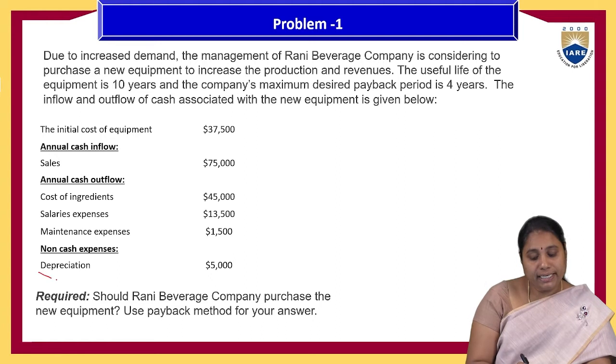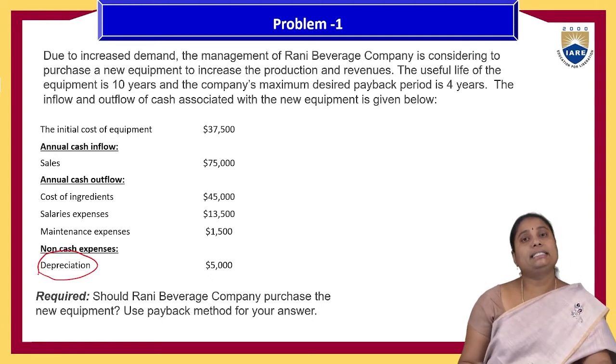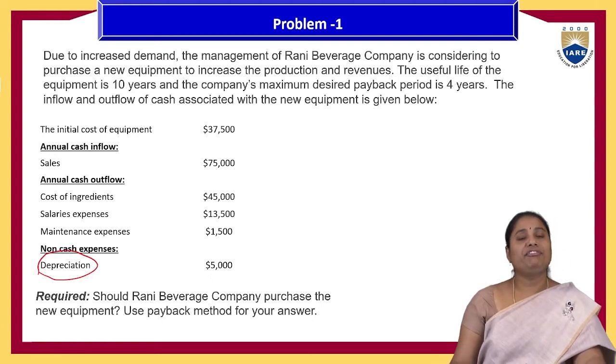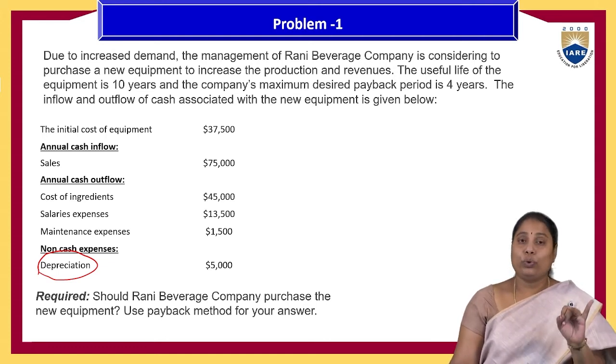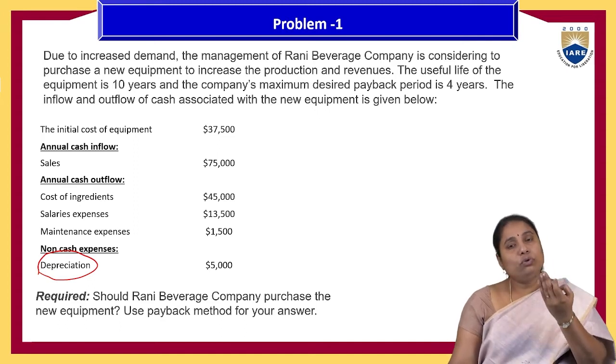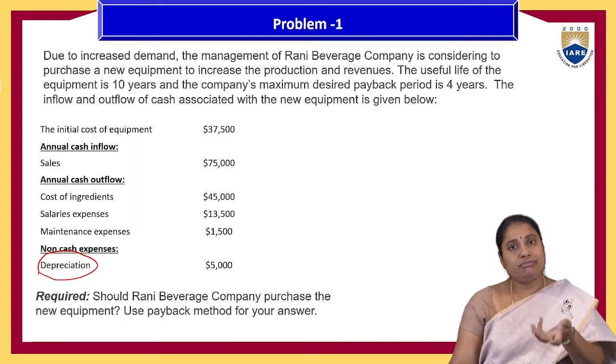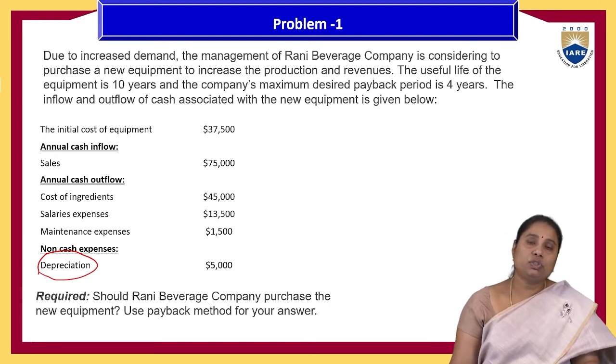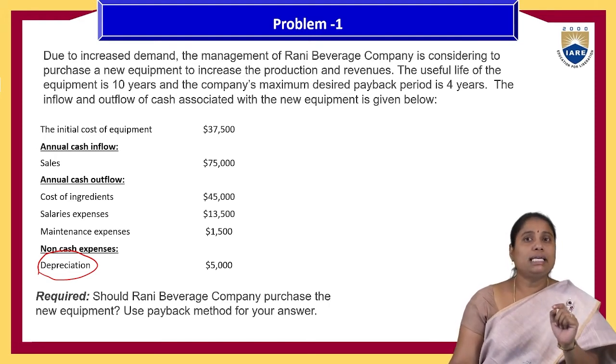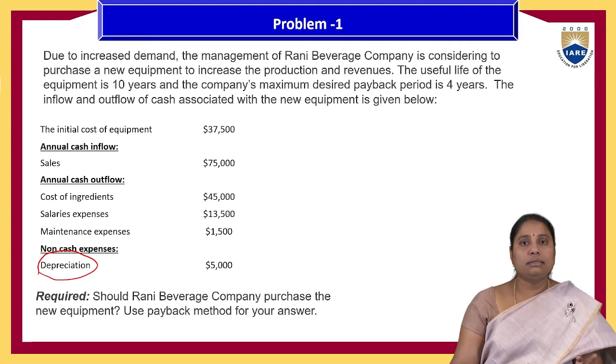In this one, particularly, I would like to discuss depreciation. If any product, due to its usage, wear and tear, or time period, has its value reduced, then that reduction in value is called depreciation.